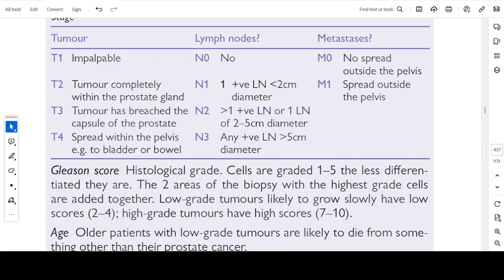N2, more than one positive lymph node or one lymph node of 2 to 5 centimeters in diameter. N3, any positive lymph nodes more than 5 centimeters in diameter. M1 is spread outside the pelvis.